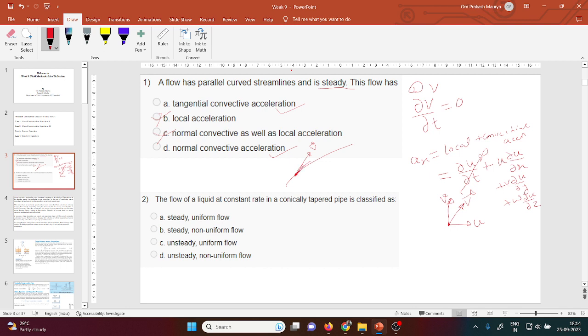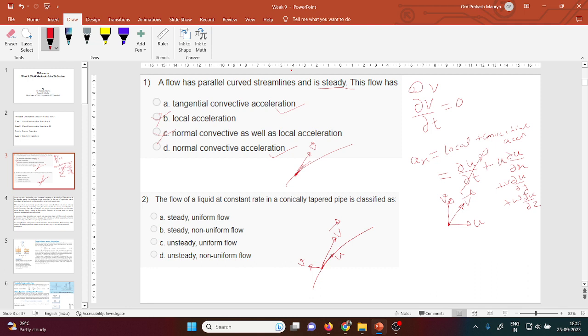Actually, I want to draw again here: the velocity vector, and this one is the u component and this one is the y component, that is v.